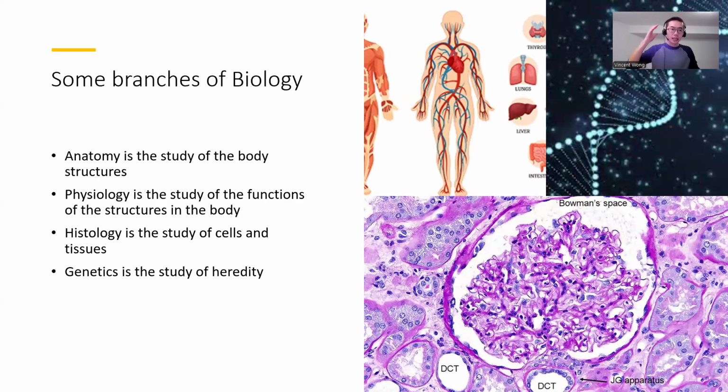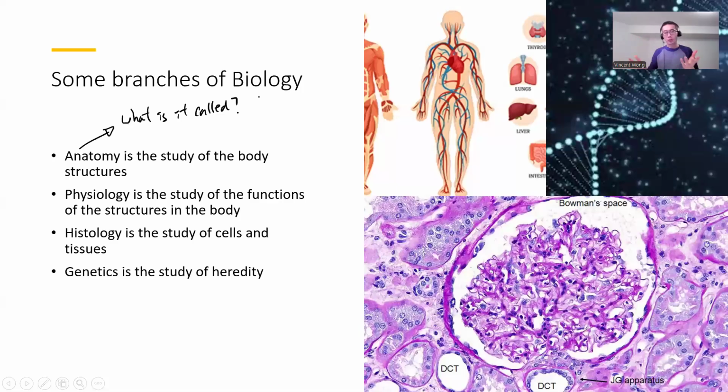But first, there are different branches of biology. I told you next semester you will be taking pre-anatomy and physiology. Anatomy is the study of body structure. Basically, anatomy is what it is called.